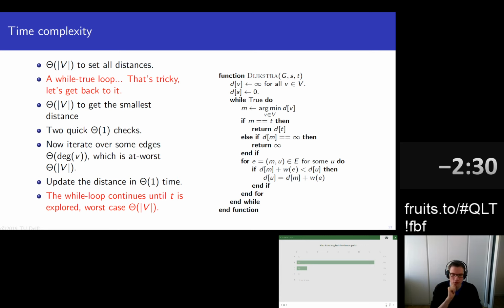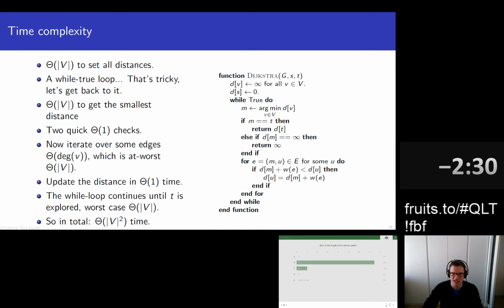So yeah, Θ(V) for this while true loop. Now, unless I'm very much mistaken, that means I have a total of V squared time. The while loop repeats Θ(V) times, and inside we do Θ(V) work. That's V squared in total.